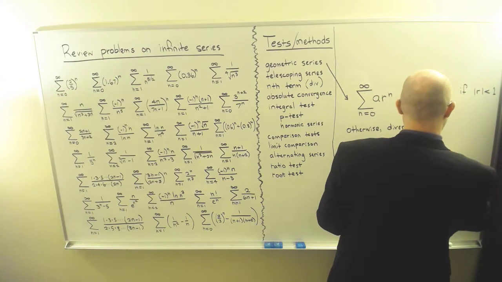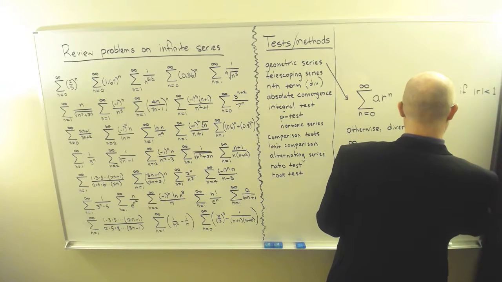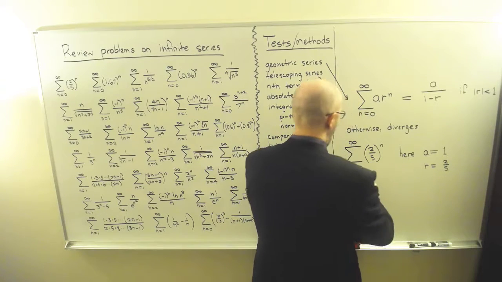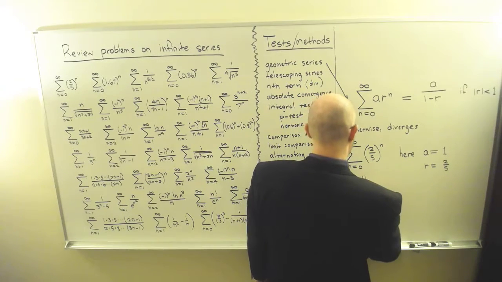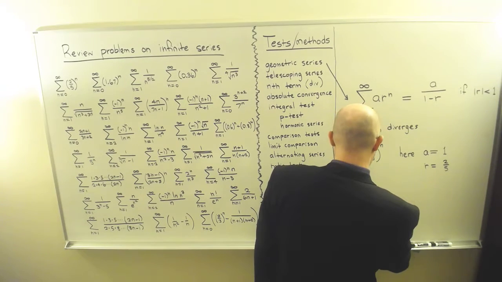That first term a is 1, and the common ratio in this case is just 2/5. So you know what this is going to be equal to then. It's just 1 over 1 minus 2/5.